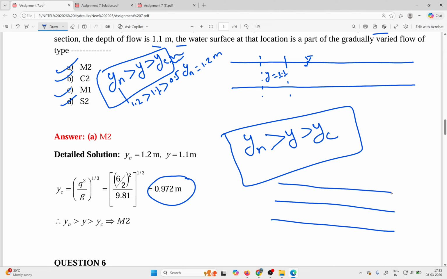In a mild slope, this is your yn, this is your yc. And what is a steep slope? This is your mild. Now steep slope, this is your steep. So here you have critical yc, and within this you have normal.